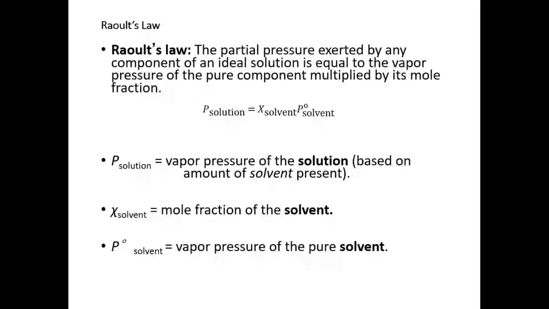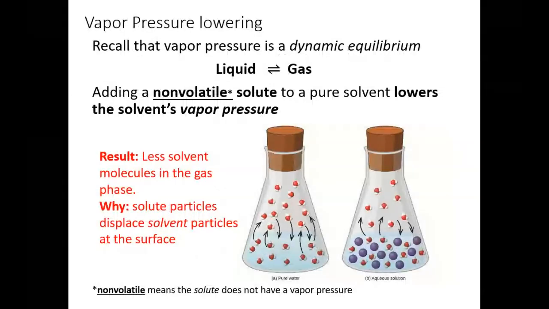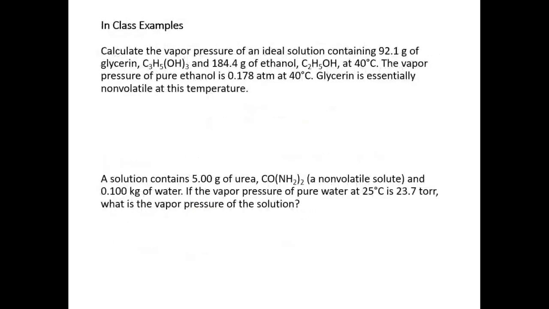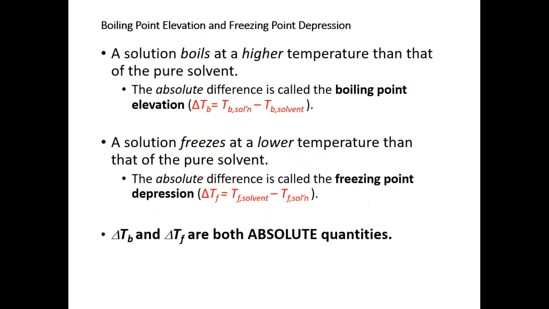Okay, so we talked yesterday, we finished up our chapter 11 talking about these 4 types of colligative properties. Vapor pressure lowers when it's a solution. Boiling point increases as a solution. Freezing point depresses. And then there's osmotic pressure, which is the pressure difference between two sides of a semi-permeable membrane, right?